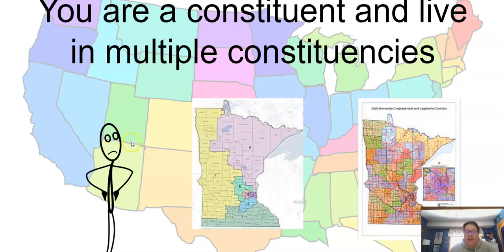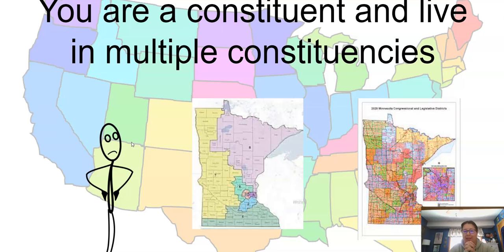Now, the reality is from where you are right now, you are a constituent to 9 different people, give or take. I mean, you could look at it as 9, you could probably look at it as 13, depending on how you look at your city government. And so you look at your address where you live.